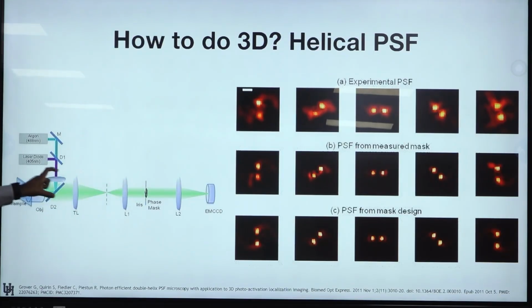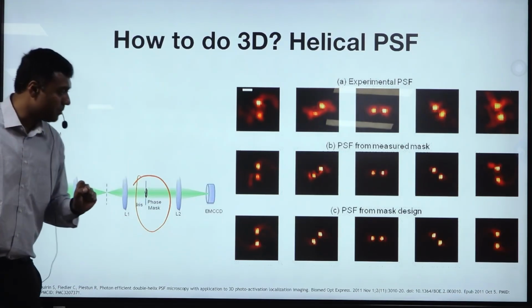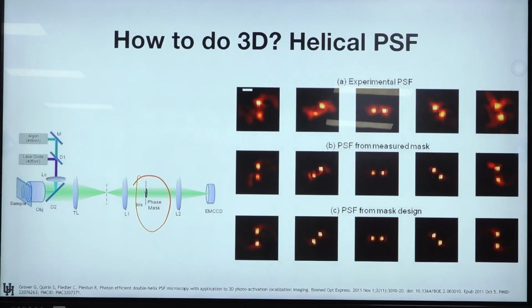Put a 4F system, the way we study it in Fourier optics. In the Fourier plane, put a phase mask, a piece of glass which has a certain pattern or profile on it, such that it will take a circular beam and create a helical beam.